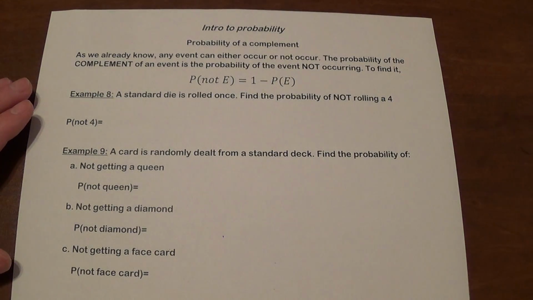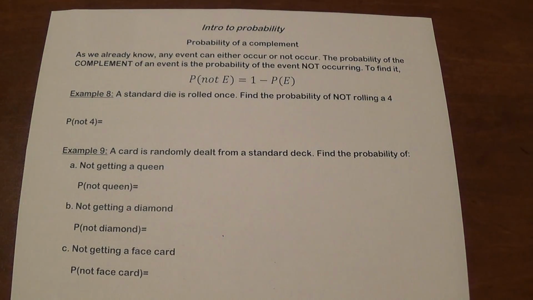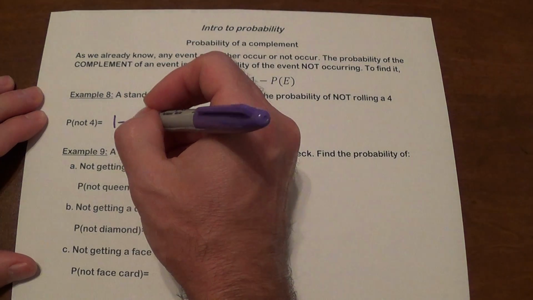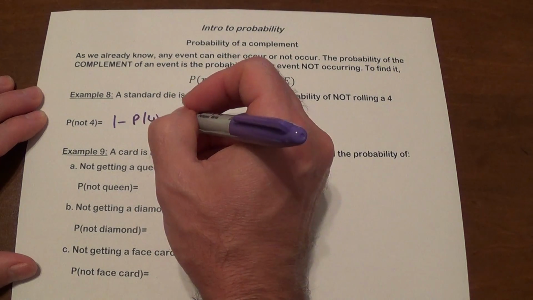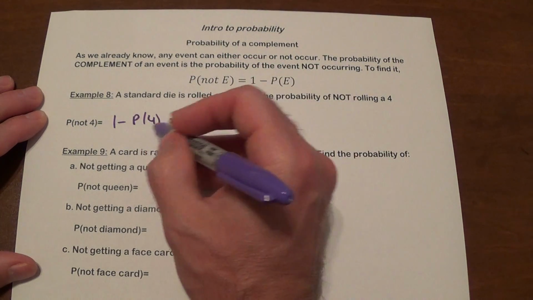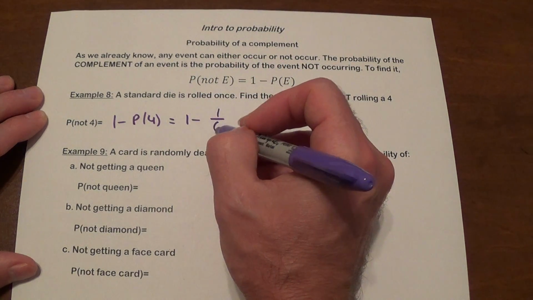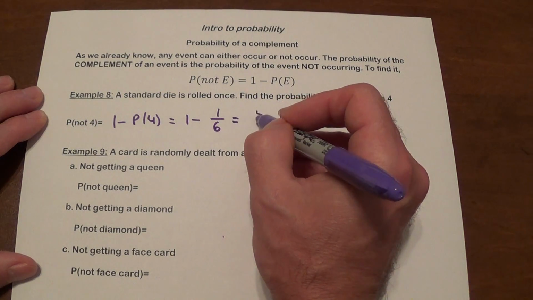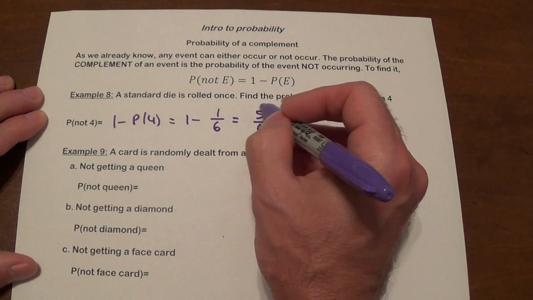If you have a standard die and you roll once, what's the probability of not rolling a 4? It's 1 minus the probability of rolling a 4, which is 1/6. So you have to do 1 minus 1/6. I hope you can do this math. The answer is 5/6.